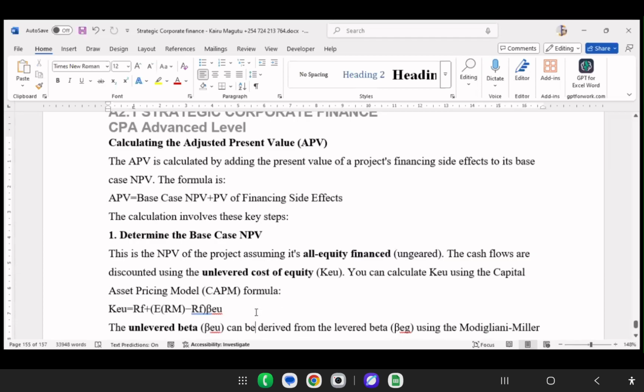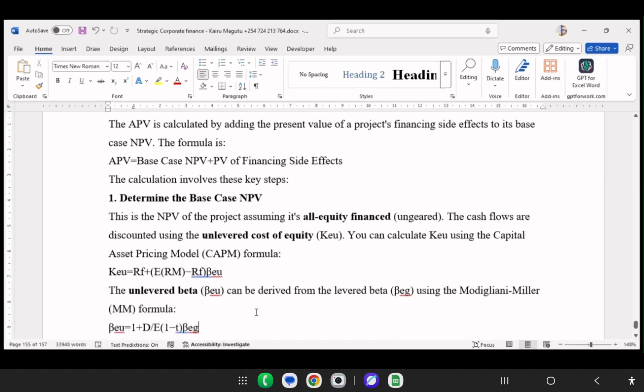Number one, determine the base case NPV. This is the NPV of the project, assuming it is all equity financed. That is, it is ungeared. The cash flows are discounted using the unlevered cost of equity. You can calculate the cost of equity for an ungeared firm using the capital asset pricing model: risk-free rate plus expected return of the market minus risk-free rate, multiplied by the beta factor for equity.